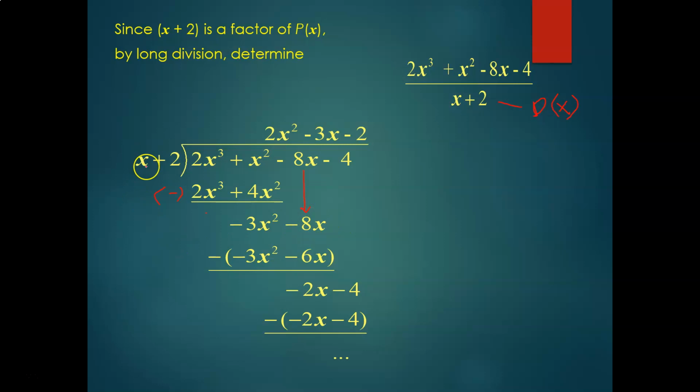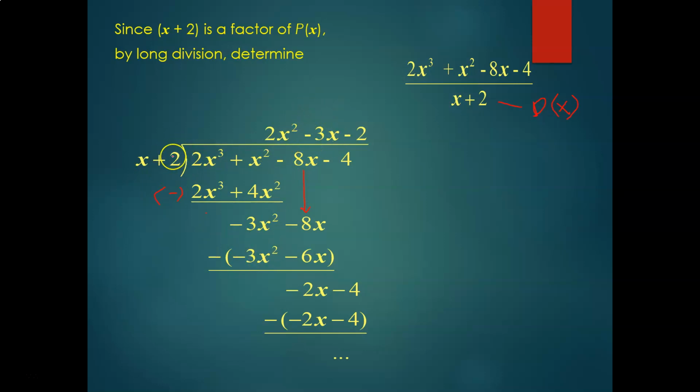Okay, again we perform. X time berapa dapat 3x square? X times negative 3x. X kali dengan negative 3x ni dapat negative 3x square. So you dapatlah yang ini. Okay, sama juga.